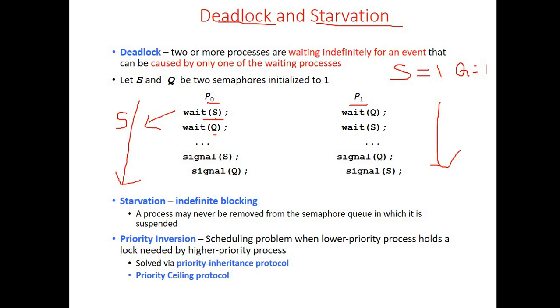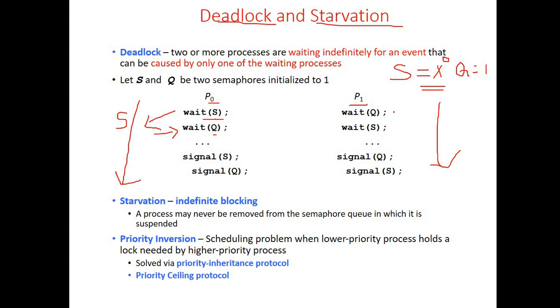Now process P0 is acquiring the lock on the resource S. So it is calling the wait function on the S variable. Since wait on S is non-blocking because the value of S is 1, S will be turned from 1 to 0 and the process will go to the next statement.